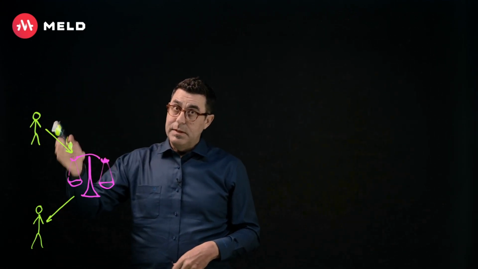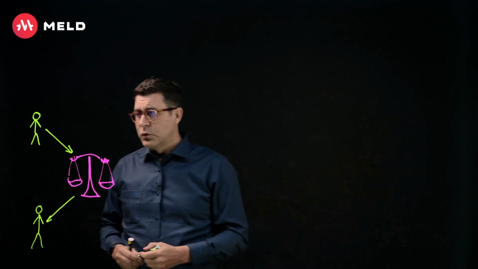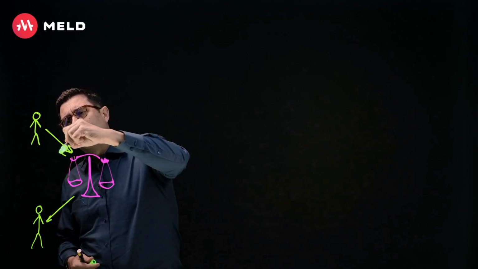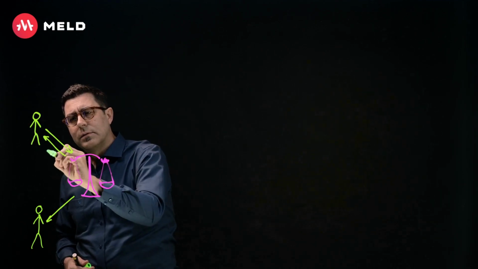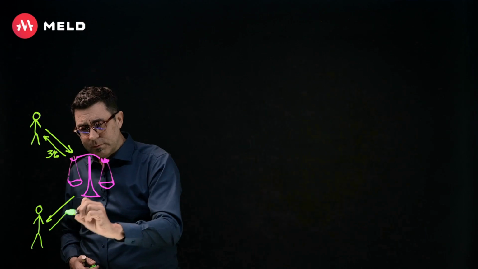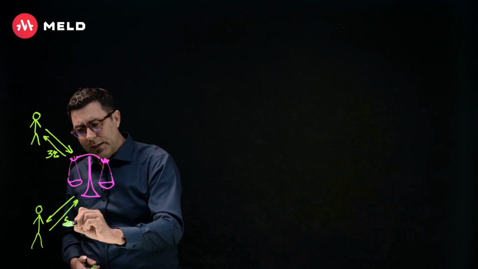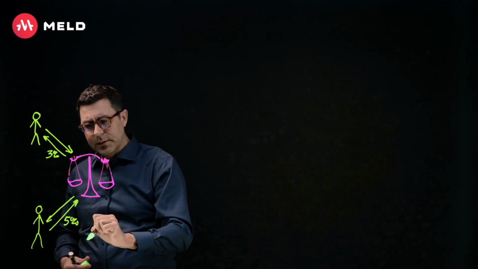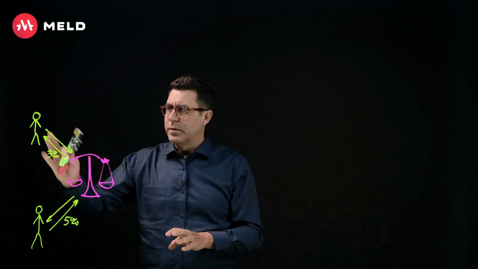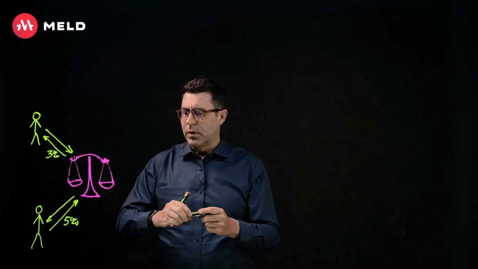These can be the same people, right? When you supply an asset to the protocol, you will generate a yield, say 3%. And when you borrow from it, you have to pay an interest rate, say 5%. So these are the two majors that you're familiar with, a person that supplies and a person that borrows.